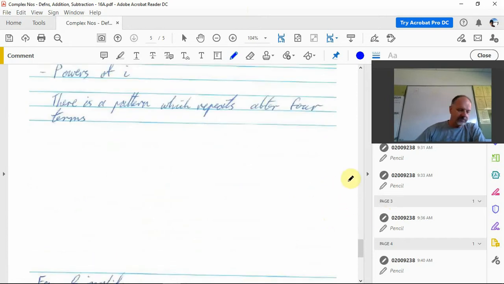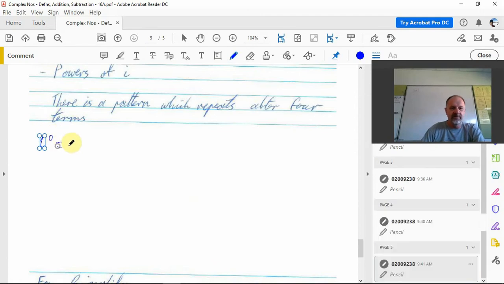So let's have a look. i to the 0, so anything to the 0 is 1, no change. i to the 1, well, it's just an i, no change. i squared, well, the definition of that is -1.